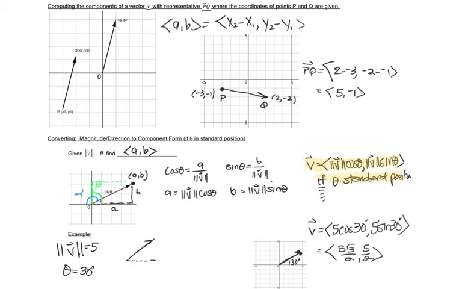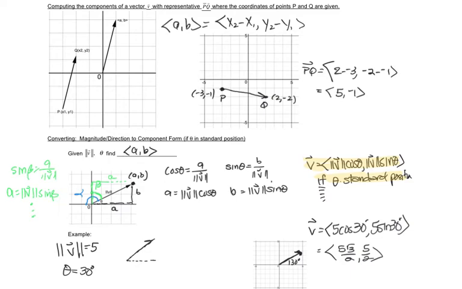In this case, A could also be labeled up here. That's the horizontal change is A. So if I was going to use the green right triangle, then I would have that A is opposite beta. So sine of beta is A over magnitude of V. So A equals magnitude of V sine of beta.